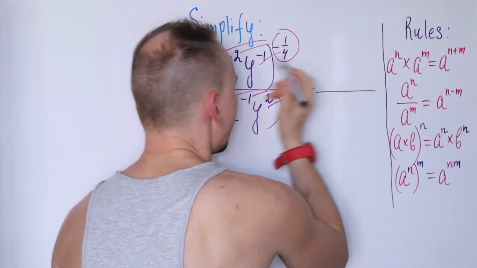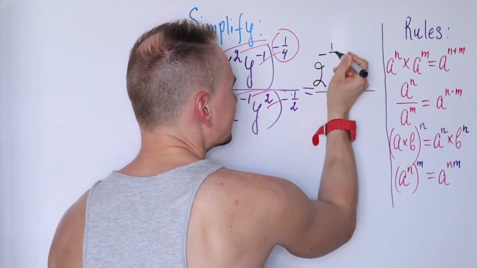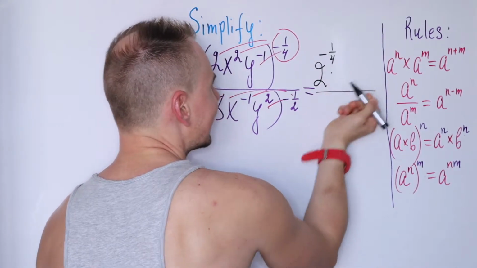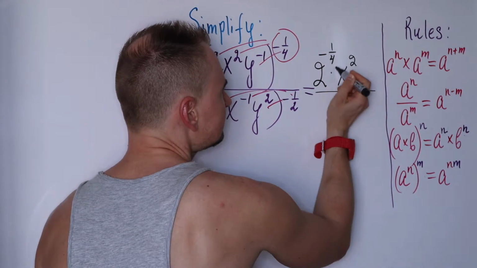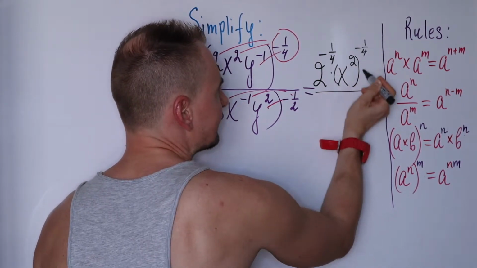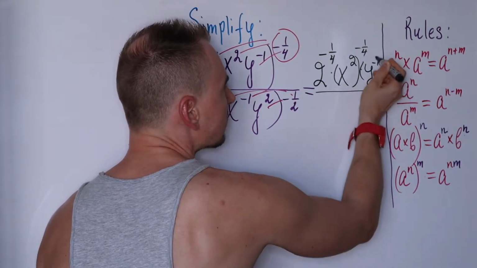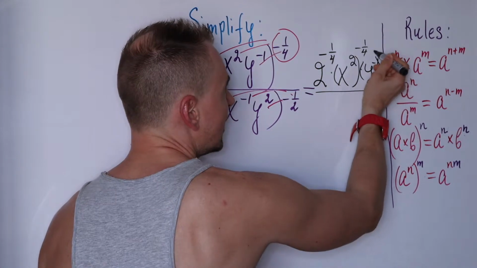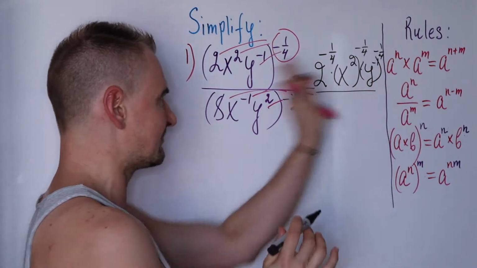So your top becomes: 2 raised to this negative a quarter power, multiplied by x squared raised to this negative a quarter, and finally y to the negative 1 also raised to the negative a quarter power. That's my top.